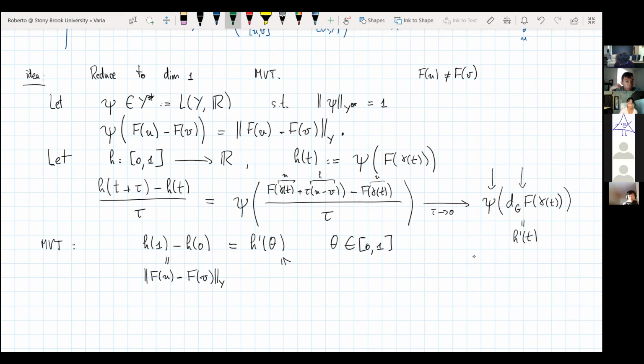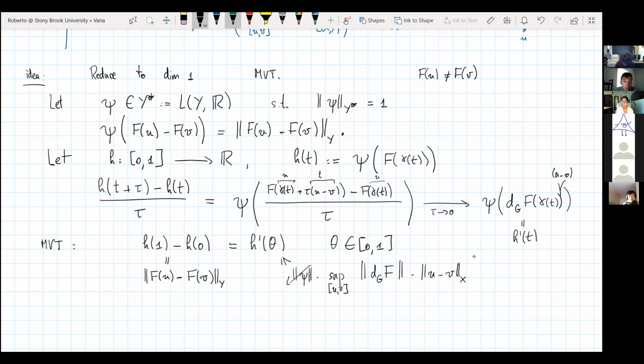Yes, I forgot u minus v here. Times the norm of u minus v. So this is less than the norm of psi times the sup over the segment of the norm of the Gateaux differential times the norm of u minus v.